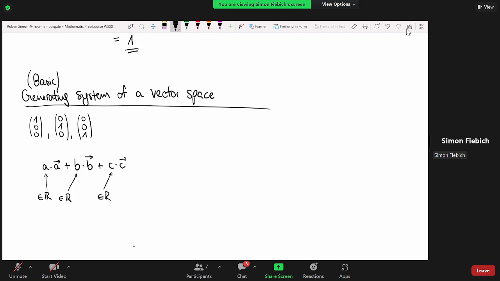So this is basically the linear combination of vectors.